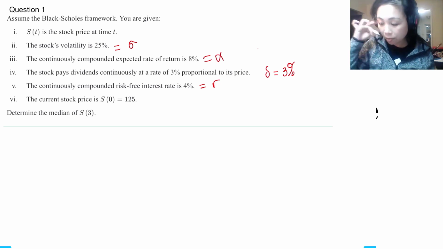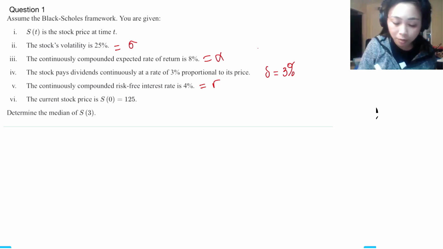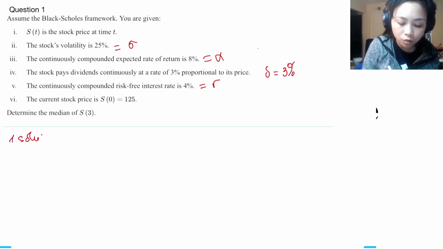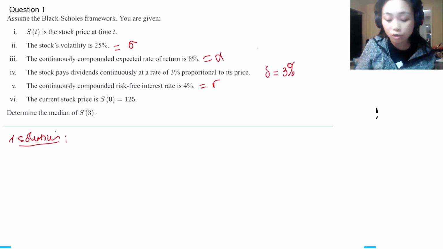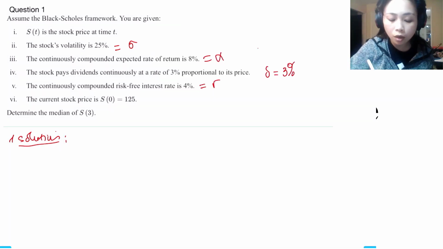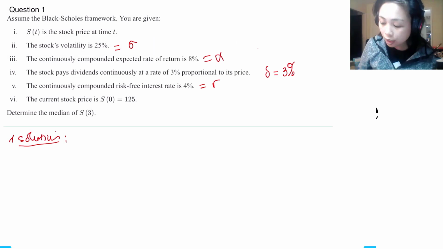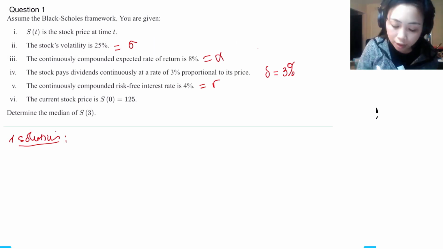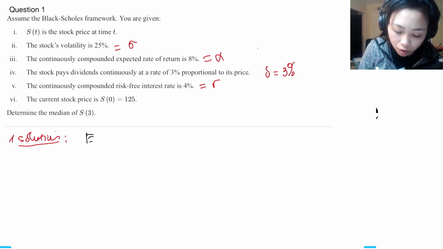So remember the median. First, the first solution. For the first solution, I'm going to just use the formula. Let me change color.